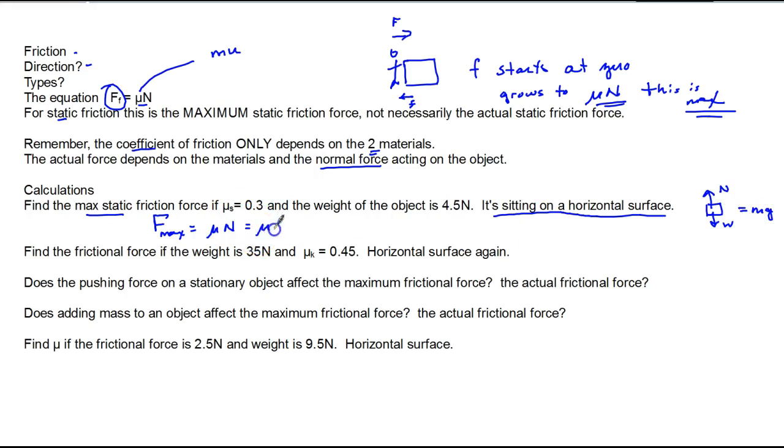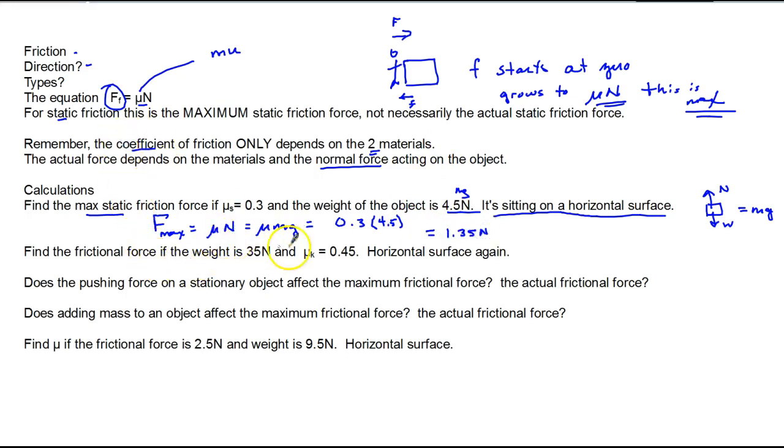And so that's going to be mu mg equals 0.3 times 4.5, it's already in newtons, which is 1.35.